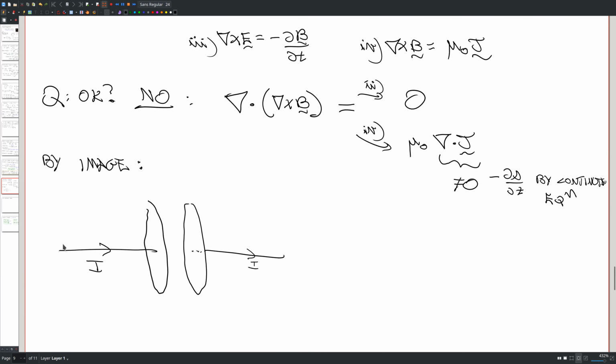Okay, so let me do 2 things. Let's imagine that I'm taking a certain Amperian loop around this wire here. Let me apply Ampere's law to that little loop. What does that tell me?